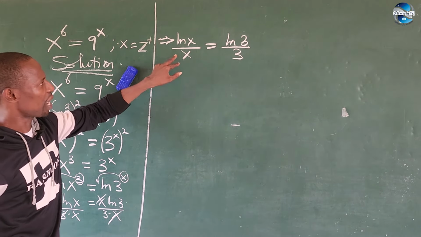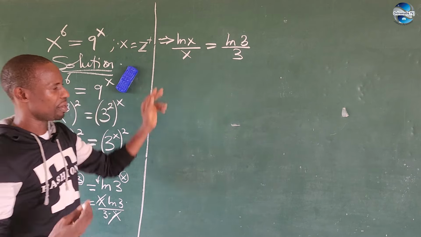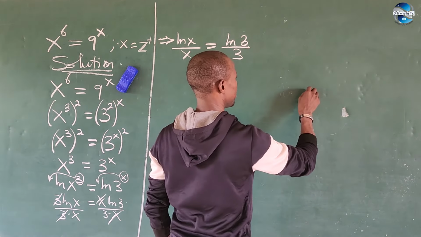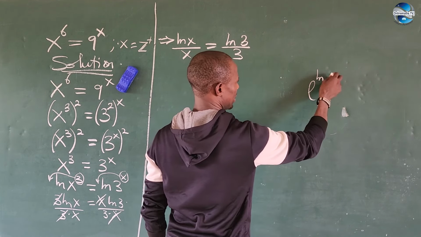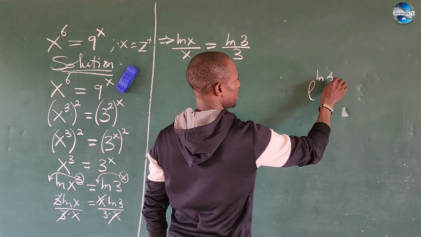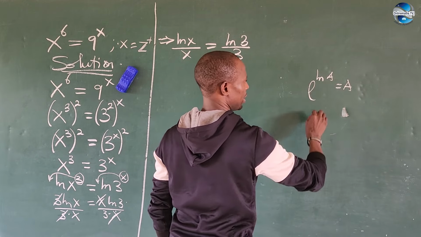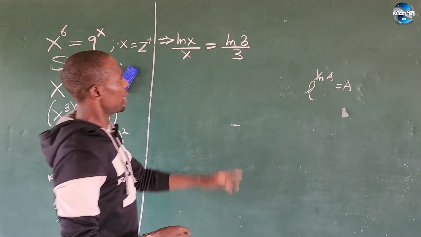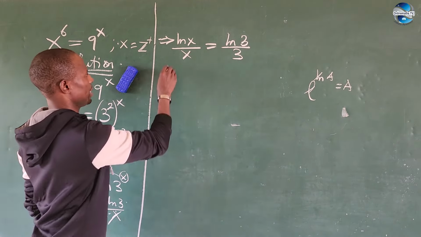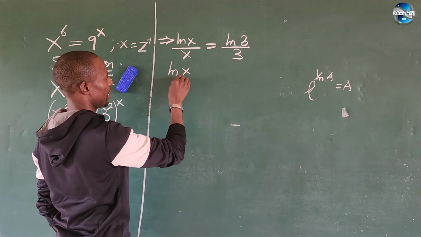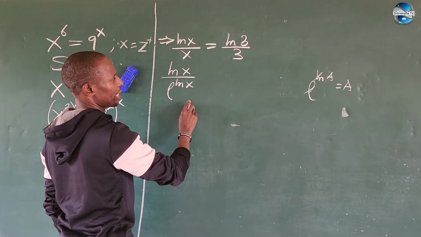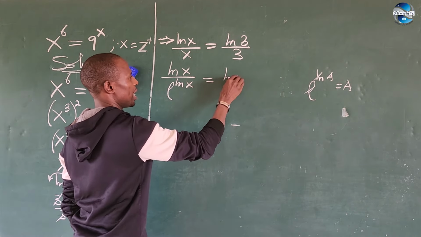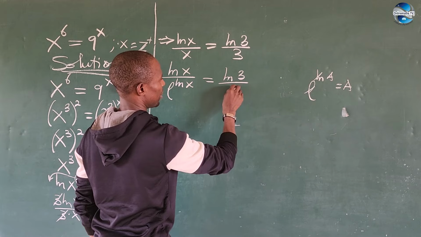How do I rewrite it? Remember, if we have e to the power of ln of a, this is equal to a, because the e and the ln cancel. So I can rewrite this in this format: we now have ln of x all over e to the power of ln of x, equal to ln of 3 all over 3.